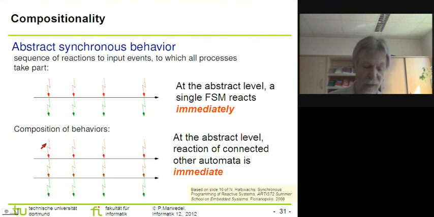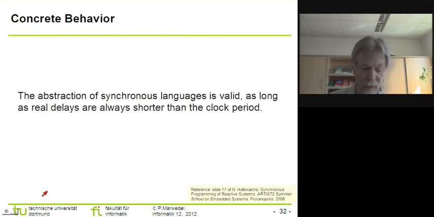So if we have two finite state machines, one connected to the other, then the first one is providing its result in 0 time, and the second one is also providing its result in 0 time. Now this of course is an abstraction. In practice there will be some delay. But I think one of the key ideas of using synchronous languages is to work with that abstraction, and then in the second step to verify that this abstraction is valid.